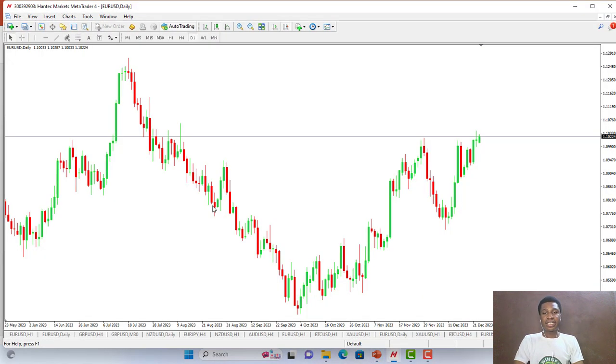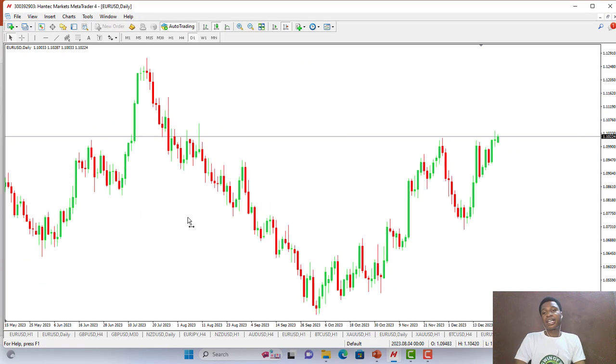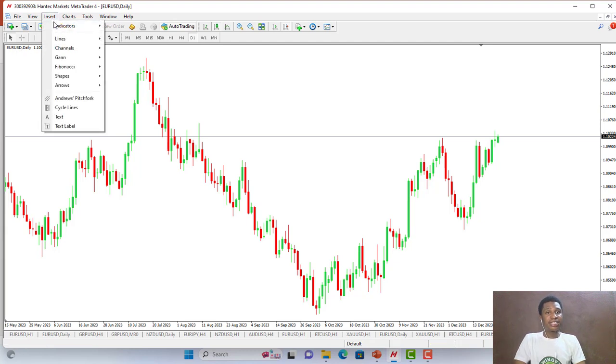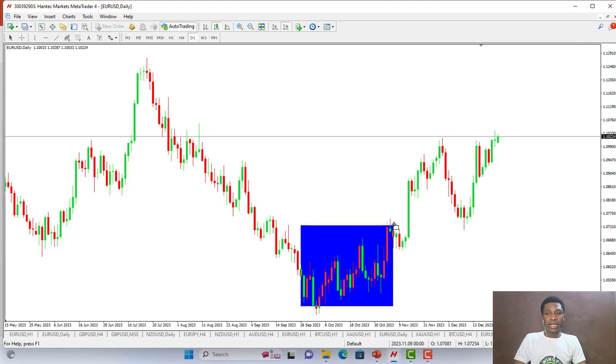So this is the chart. It's not that common, but whenever it's spotted, it works very well. So let's see this one on this particular place right now. Let me quickly get to using the shape.